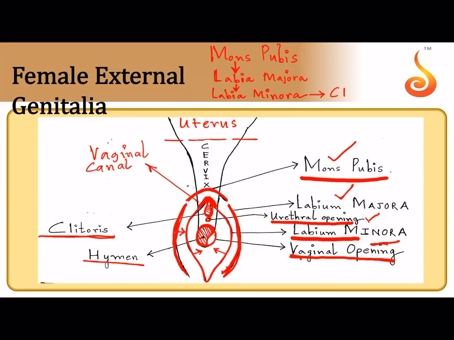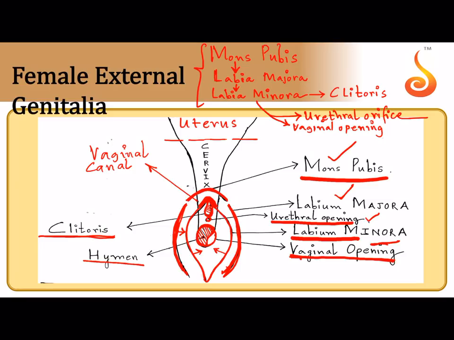You see a finger-like projection that is referred to as the clitoris, and enclosed in the labia minora you see a larger opening which is called the vaginal opening, and you see a smaller opening which is called the urethral opening or the urethral orifice. So these are the parts of the female external genitalia as discussed in this diagram.